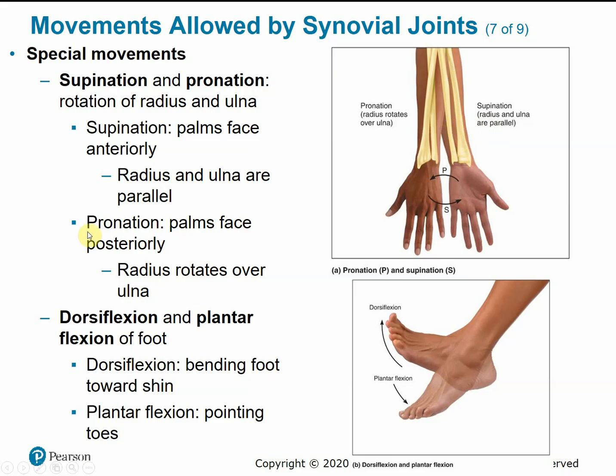In pronation, the palms face posteriorly. So remember, pronation, P, palms posterior. In pronation, when we turn the palms posteriorly, the radius will rotate over that ulna. So now they're kind of crisscrossed.